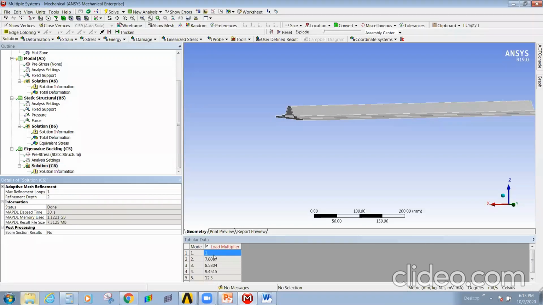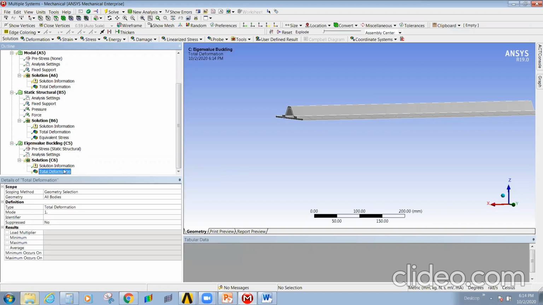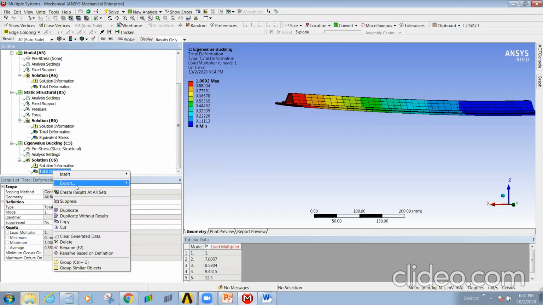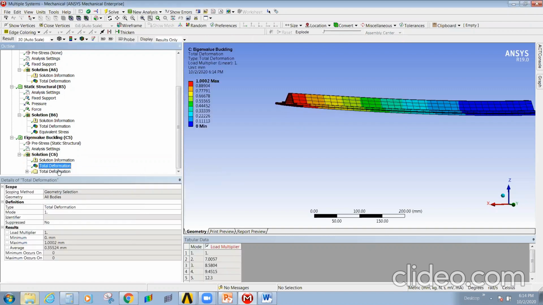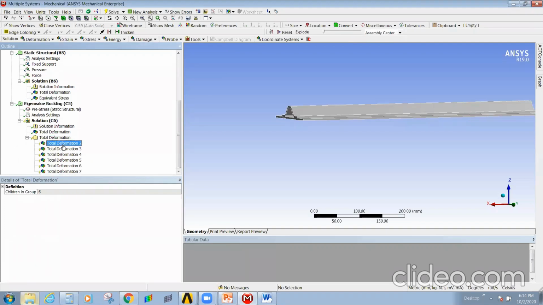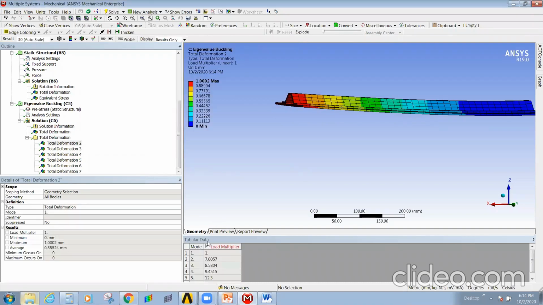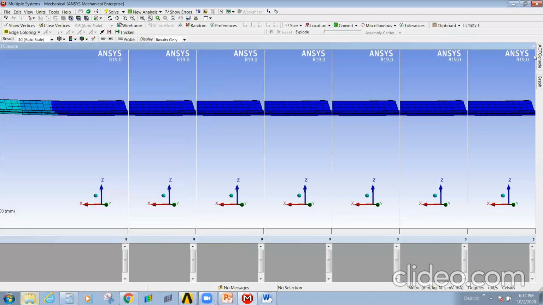Now you can see your load multiplier is 1. That means for this mode shape, your structure will be deformed in that particular direction for the first mode shape.